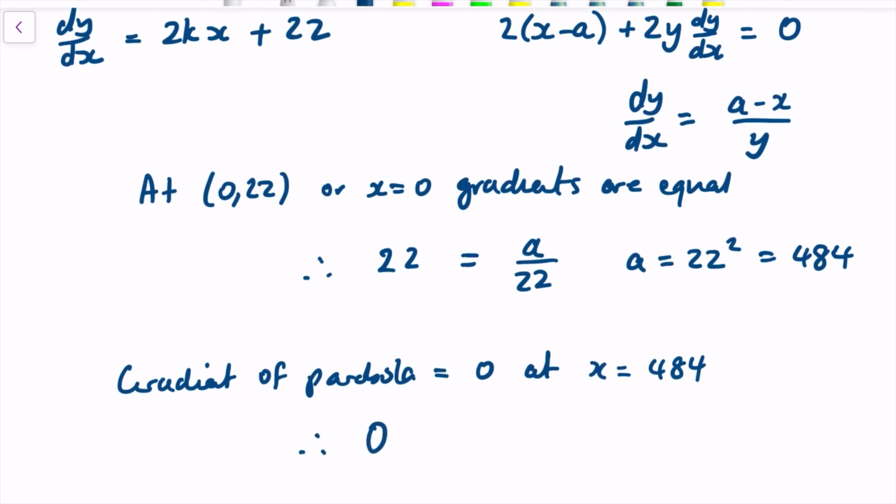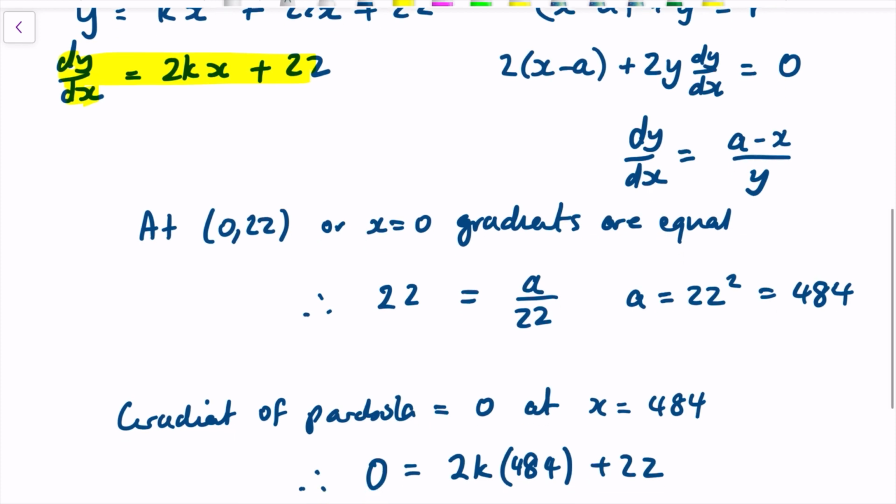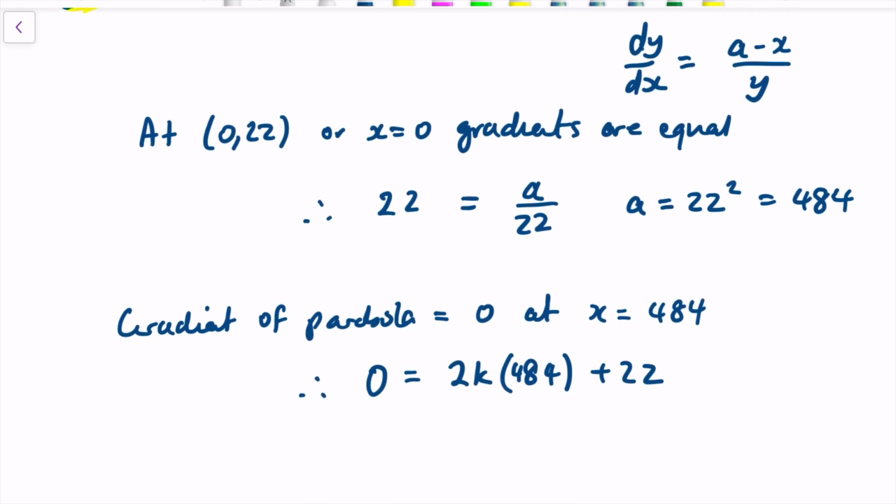Therefore, 0 equals 2k multiplied by 484 plus 22. So I'm using the equation for the gradient function of the parabola, and that information of x equal to 484, gradient equals 0. And if I solve this expression, I can get k is equal to minus 1 over 44.